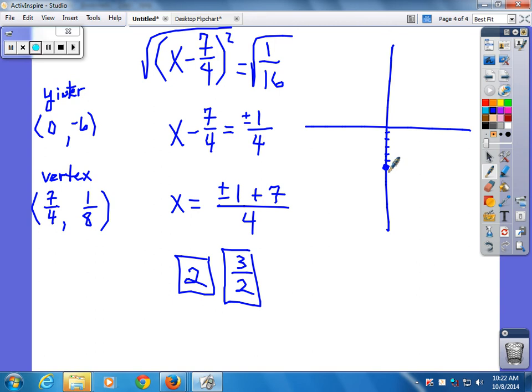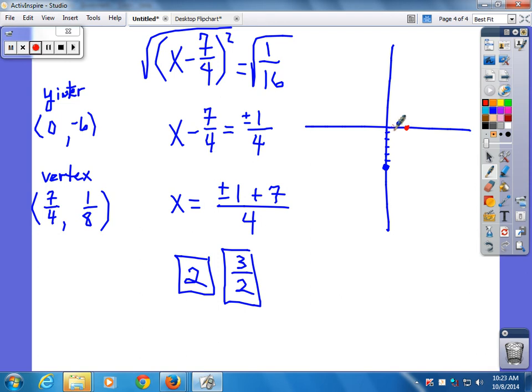And 7/4 is 1 3/4, and 1/8. I'm going to color my x-intercept red. 1 is right here, and 2 right here. And 3/2 is 1 1/2.